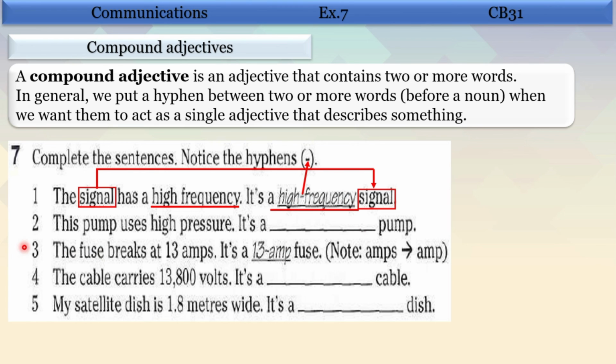Good. Look at number 3. We have 13 amps here. When the compound adjective is formed, we have 13-amp. Nouns in a compound adjective are always in singular form. Good. Now, pause the video and complete the task.